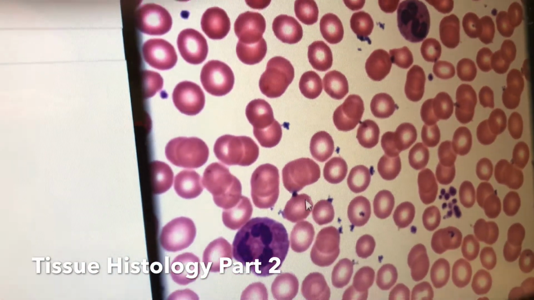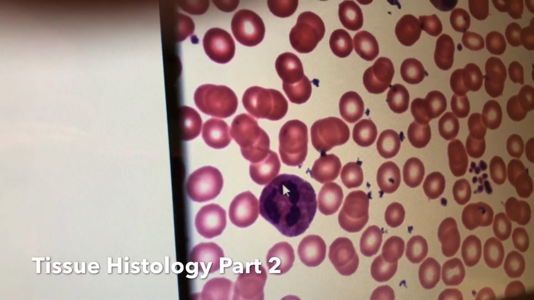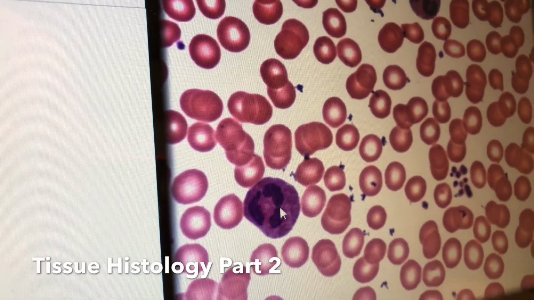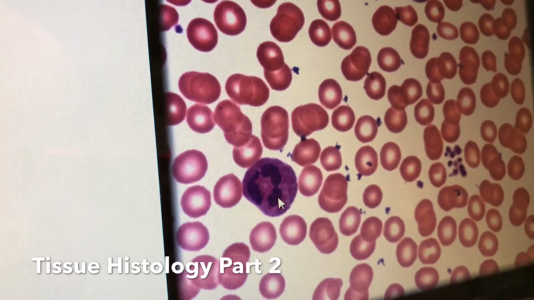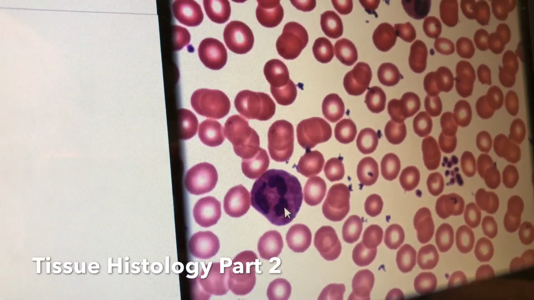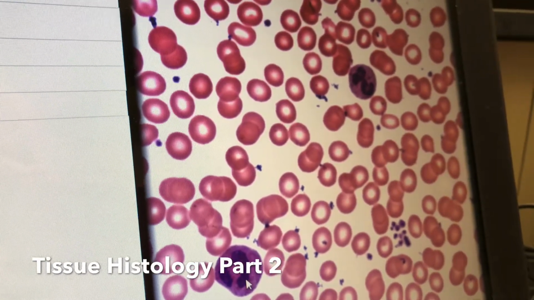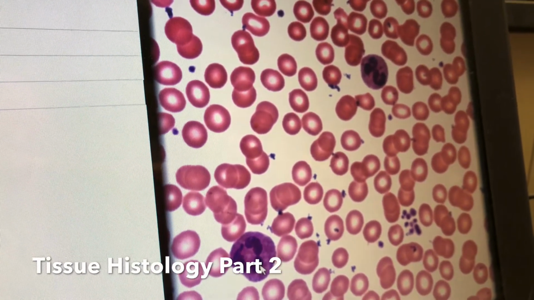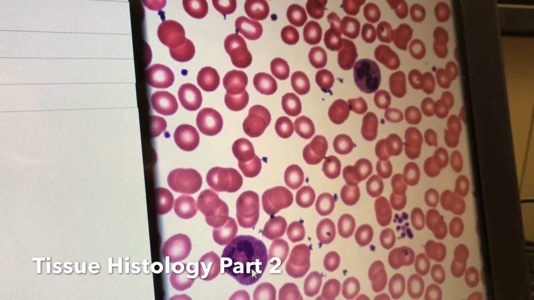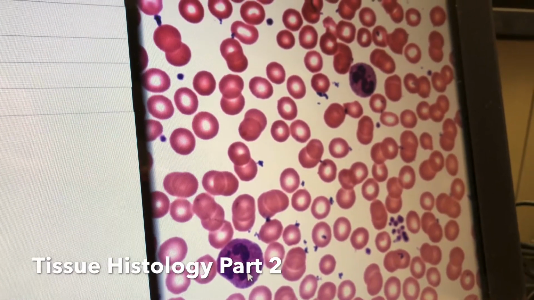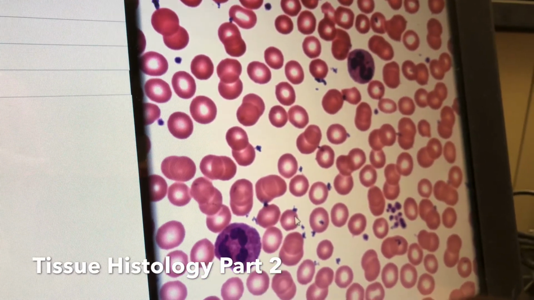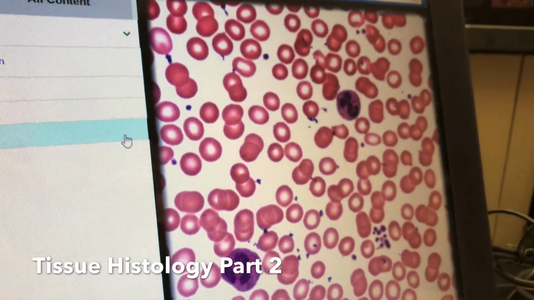And then we come down to this one. Here's a nucleus right here, stained nice and purple for us. And those are the white blood cells. And with all due respect, we should not see many white blood cells present in a sample of healthy blood. So this is fine.